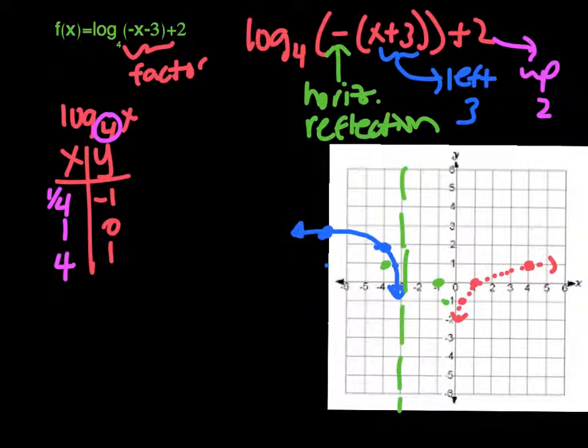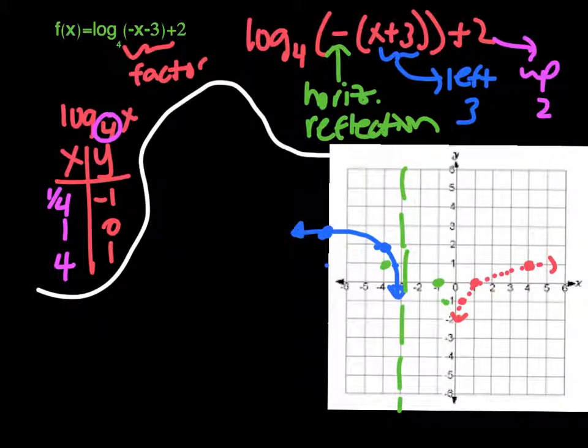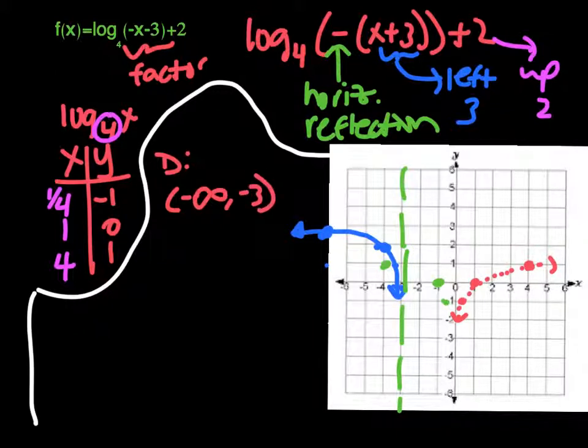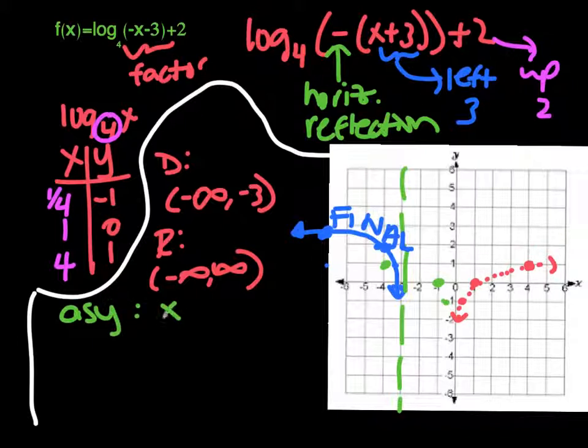So now if I want to do my domain, that's going from -infinity to -3. Okay. And then my range is all reals. This is my final graph. And my asymptote is now at x equals -3.